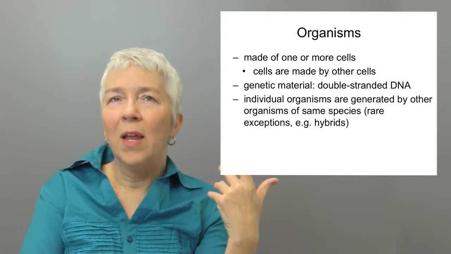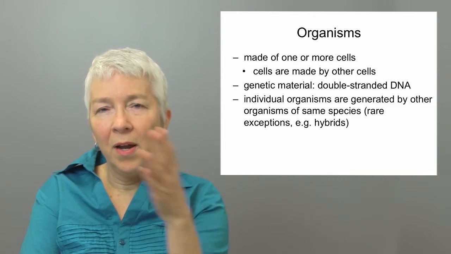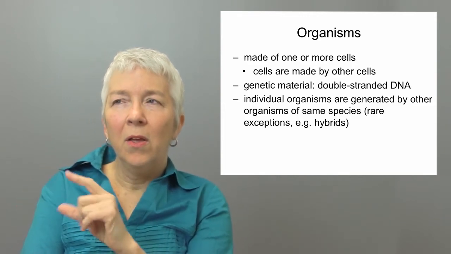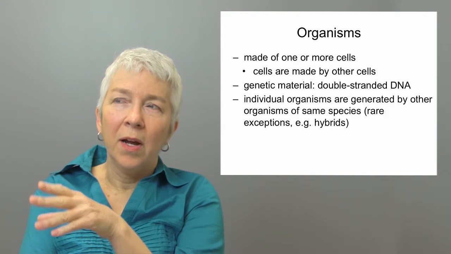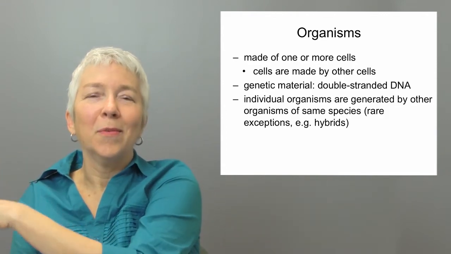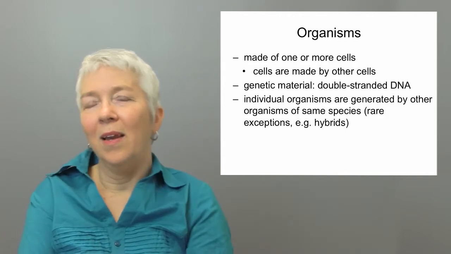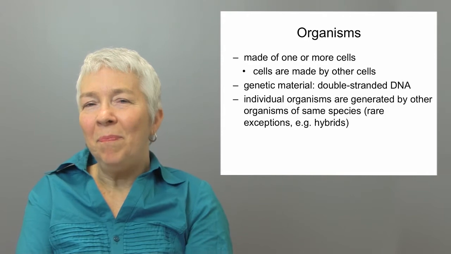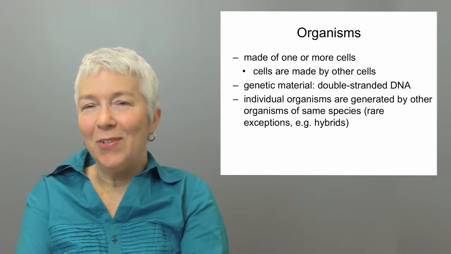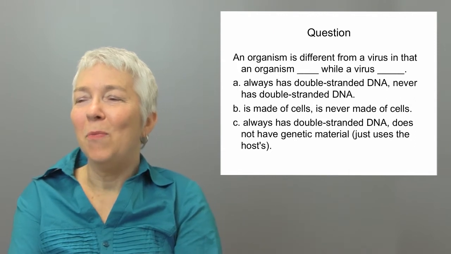And so we can run through the same thought process that we just did with cells. An organism was generated by organisms of the same type. Those organisms were generated by organisms of the same type. Those organisms were generated by organisms of the same type too. And as we go back and back and back in time, we might expect to see differences. So we'll return to that point in just a second.